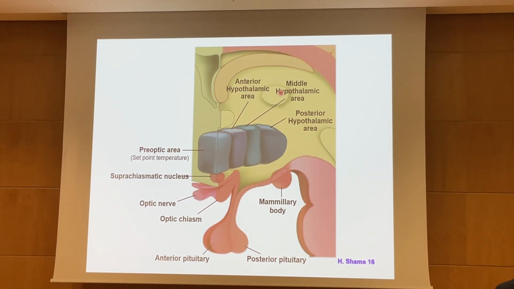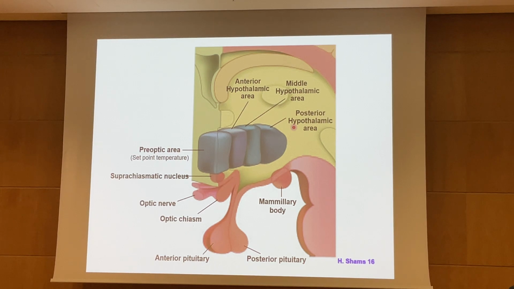First, the body must know what the body temperature is. And we have in the hypothalamus two regions, the anterior hypothalamic region and the posterior hypothalamic region. These two regions of the hypothalamus do two things. One is they dictate the set point temperature for the body.